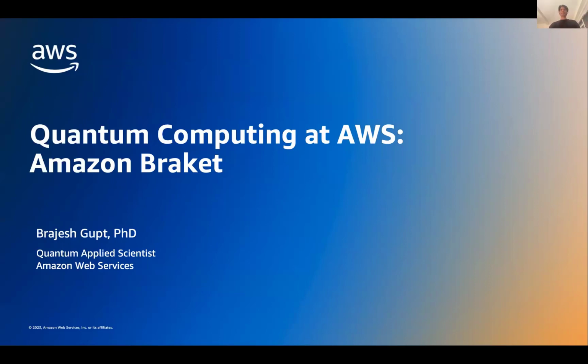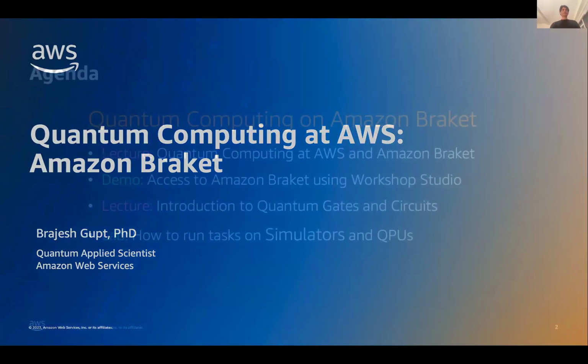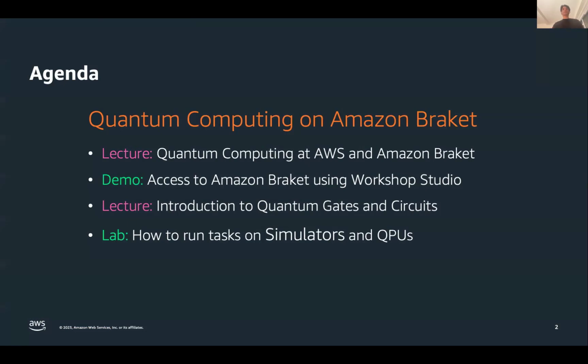Quantum computing at AWS. In today's talk, in 2 hours or so, what I planned for you is to talk about very basic stuff. What we are doing in terms of quantum computing at AWS, what is Amazon Braket, and then I will show you how you can get access to Amazon Braket, experiment with it, and I will demo the Amazon Braket console.